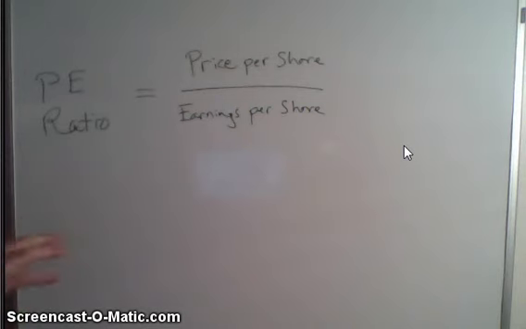The higher it is, the larger the premium you're paying for the same amount of income. The lower it is, the cheaper the stock is. The higher it is, the more expensive the stock is. It's a way to take the stock price and normalize it to how much each firm is making.